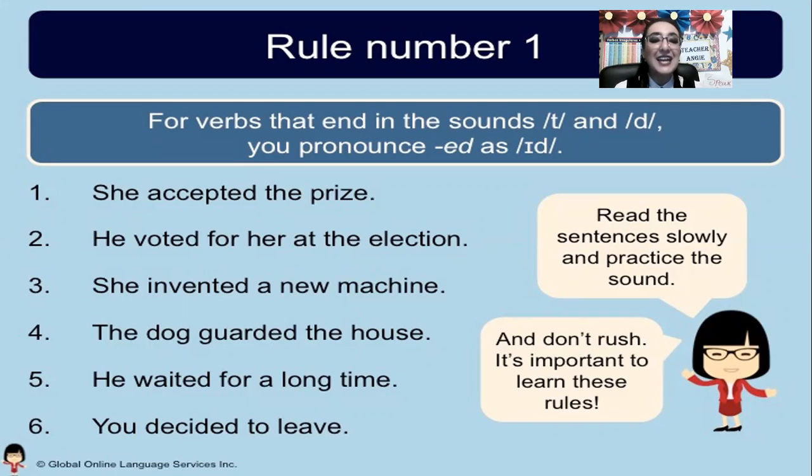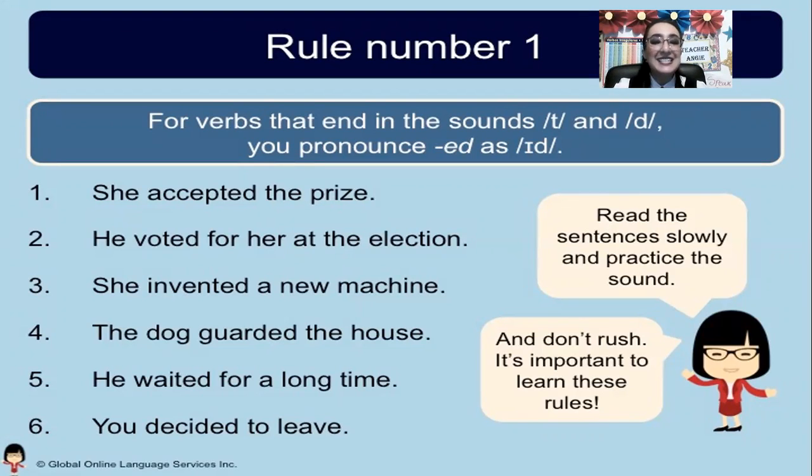You decided to leave. For verbs that end in the sound T and D, you pronounce it as it. She accepted the prize. He voted for her at the election. She invented a new machine. The dog guarded the house.